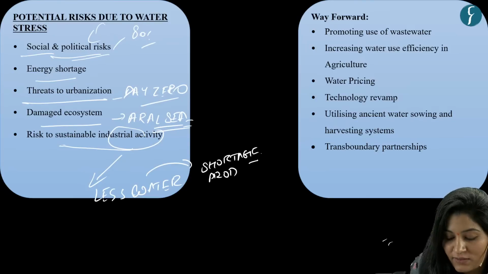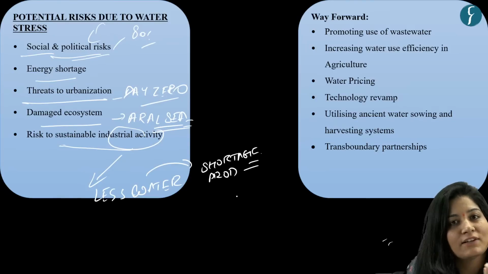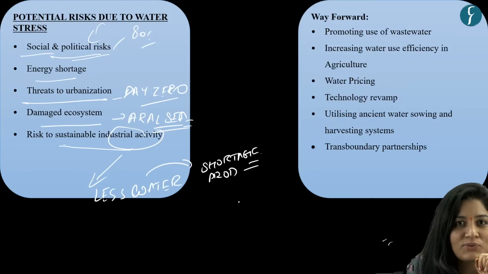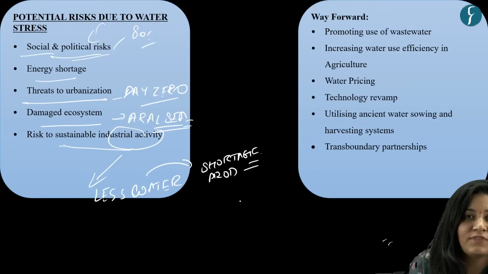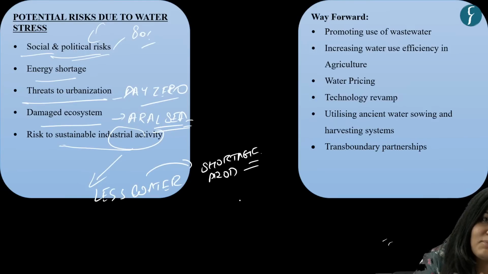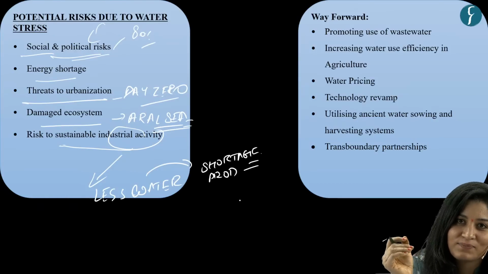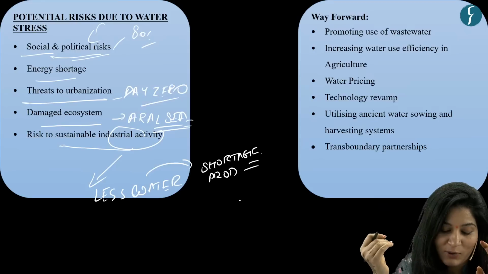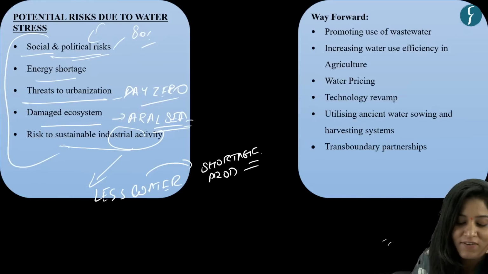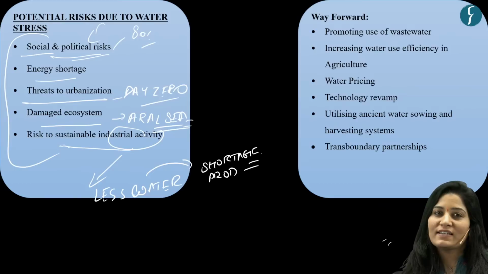Now this shortage of production will create inflation, another issue. Shortage of production will impact livelihood because there will be less employment. See how water can create chaos. Multiple effects are there. So these are the potential risks associated with water stress in India.